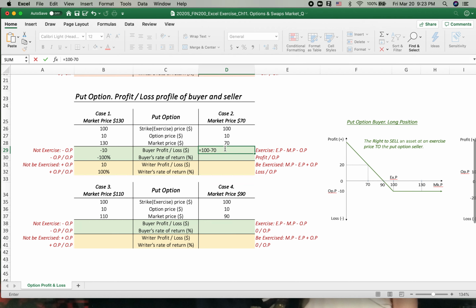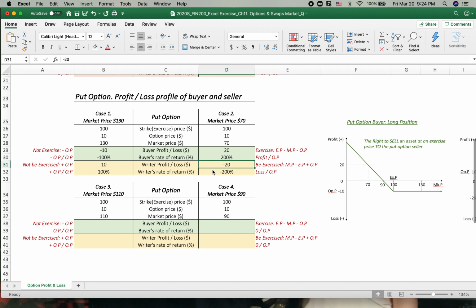But you already paid $10 option premium, so the net profit is $20. So your profit of $20 divided by investment of $10 option premium is 200%, the buyer's rate of return. Again, this is a zero-sum game, so minus 20, minus 200% without any calculation.